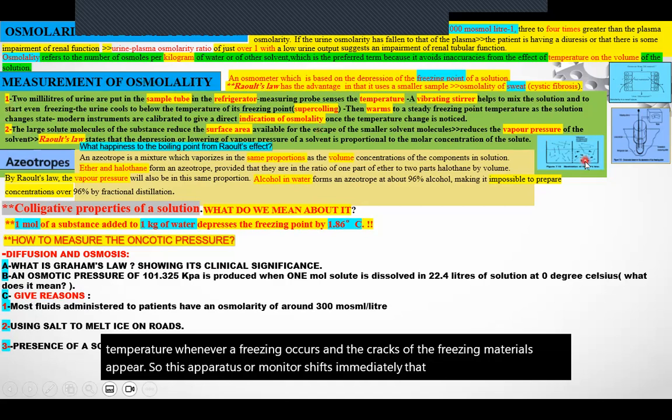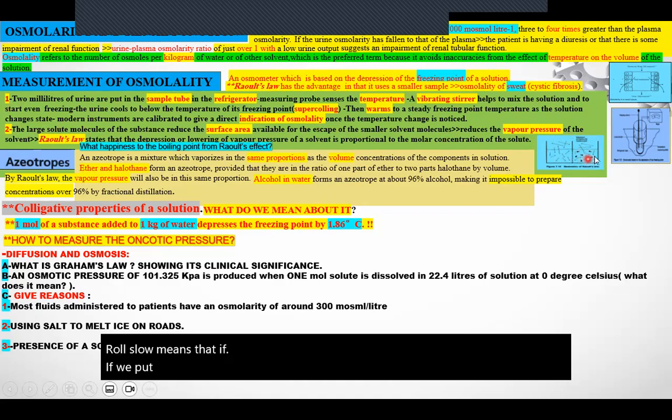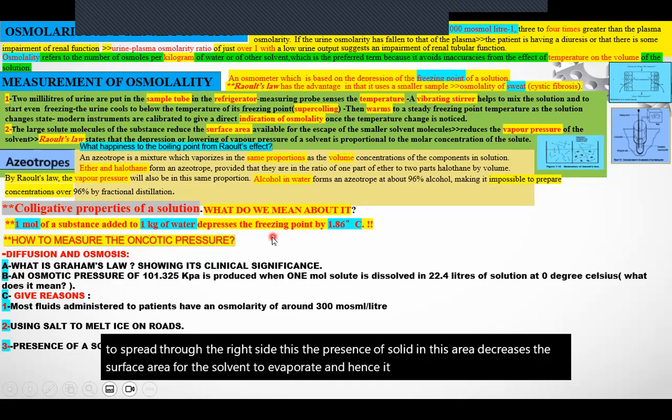The second one utilizes what we call Raoult's law. Raoult's law means that if we put a solution on this side and a solvent on the other, and the solvent begins to spread to the right side, the presence of solute in this area decreases the surface area for the solvent to evaporate, and hence it decreases the vapor pressure of the solvent.